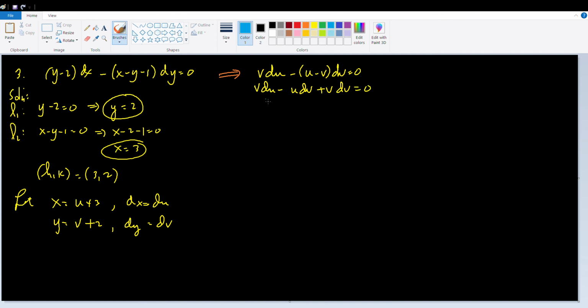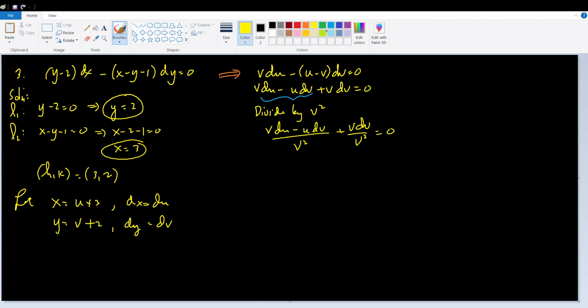Consider the first two terms, v du minus u dv. The integrating factor there is 1 over v squared. So let us multiply by 1 over v squared, or we divide by v squared. So v du minus u dv over v squared plus v dv over v squared equal to 0 over v squared, or 0.